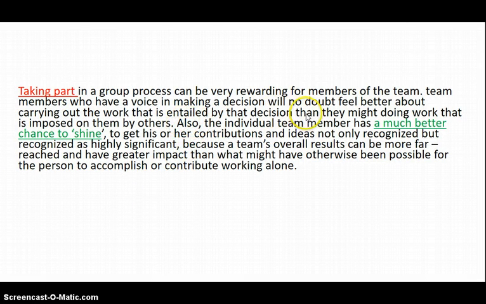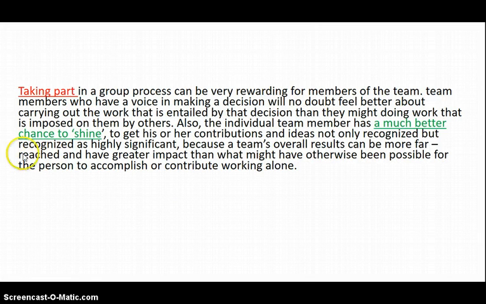Also, the individual team member has a much better chance to shine, to get his or her contributions and ideas not only recognized, but recognized as highly significant, because a team's overall results can be more far-reaching and have greater impact than what might have otherwise been possible for the person to accomplish or contribute working alone.